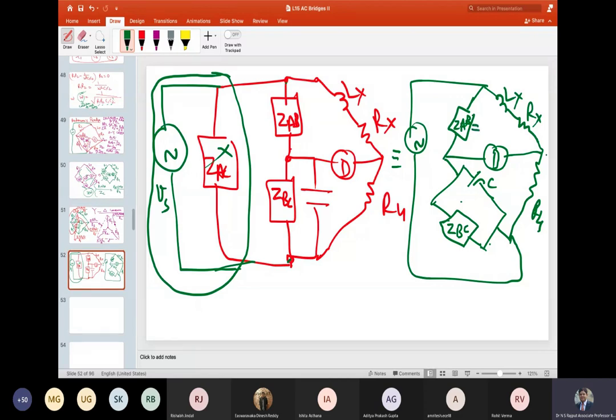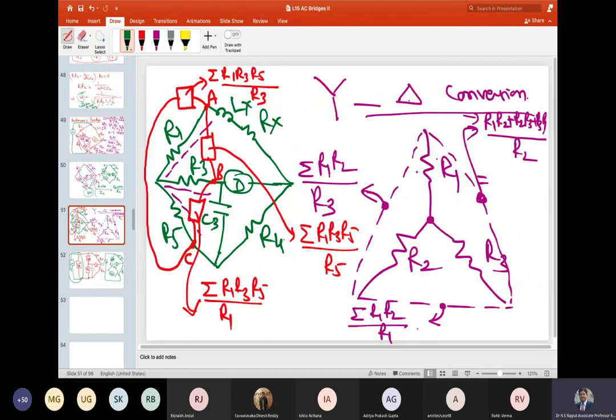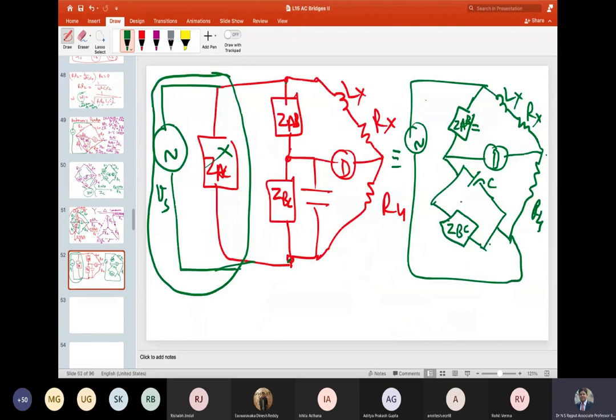And so this is equal to ZAB. And what is ZAB? ZAB is sigma R by R5. So this is sigma R by R5, right? So this is again purely resistive.